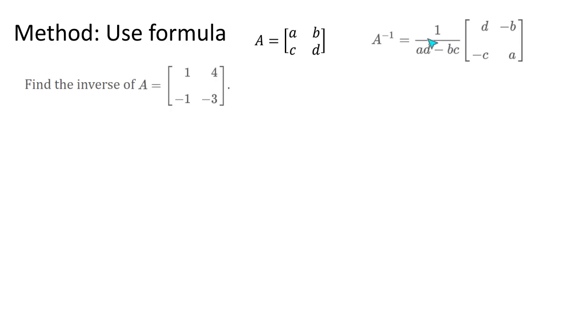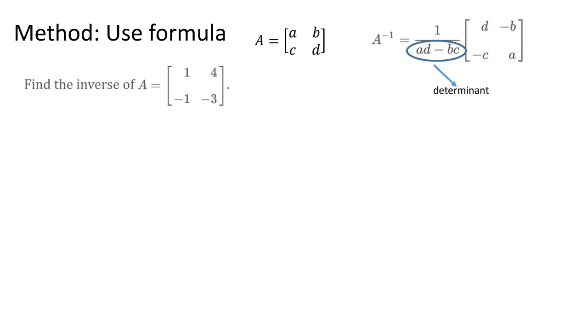And this number down here is actually our determinant, which is going to be for the next section. Then you want to switch the A and the D. We're going to switch them. So we would have D and A. And then for B and C, we're going to change the sign. So if it's positive, we make it negative. And this is positive, we make it negative.